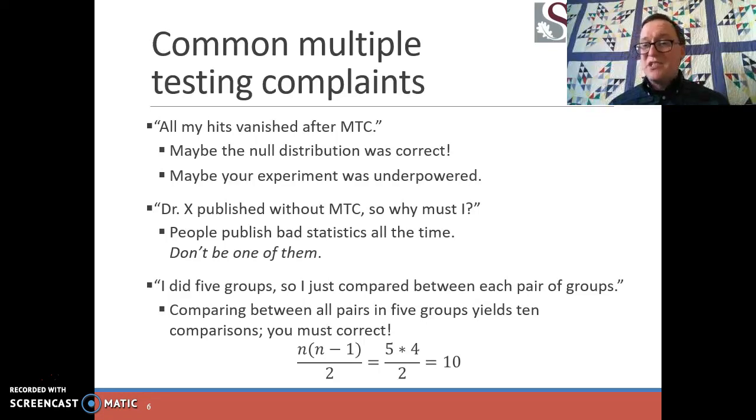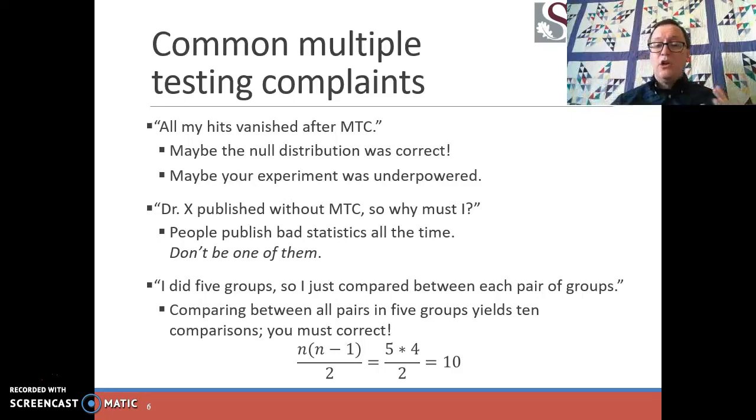Remember that sometimes the null distribution is correct, which is to say that sometimes PIs make mistakes. Professors make mistakes, and they send you on a long series of experiments that only show there's no difference between knockouts and wild types for this particular phenotype. This happens. So sometimes the null distribution is correct, and there really is no biological difference to be measured.